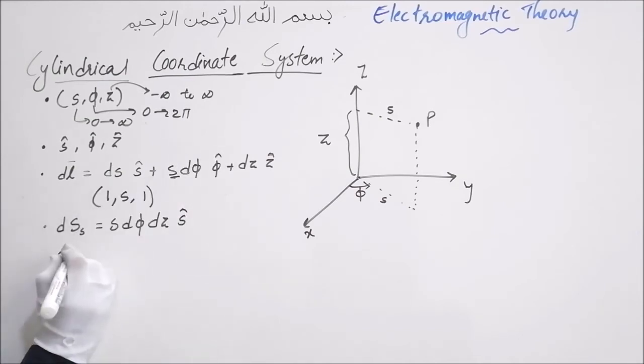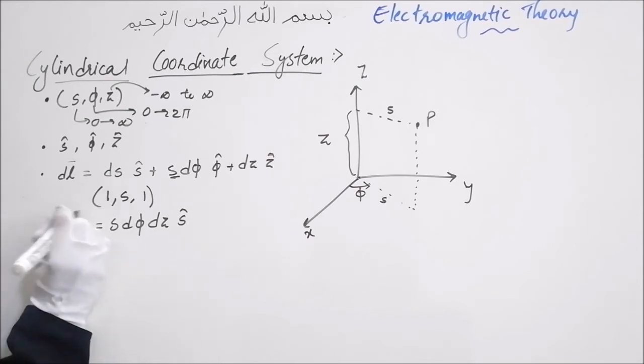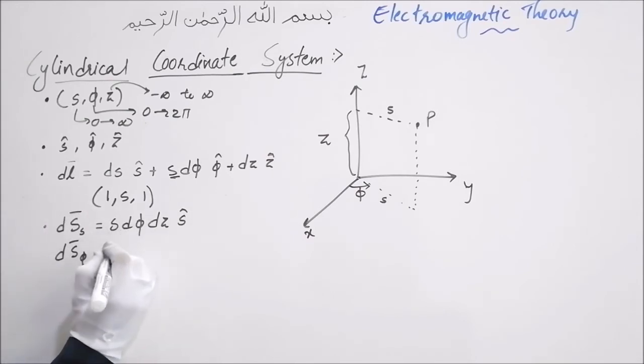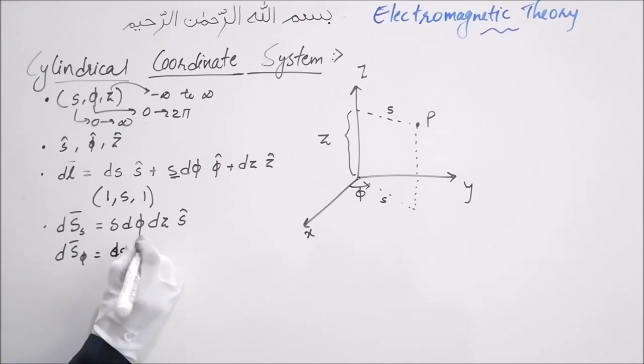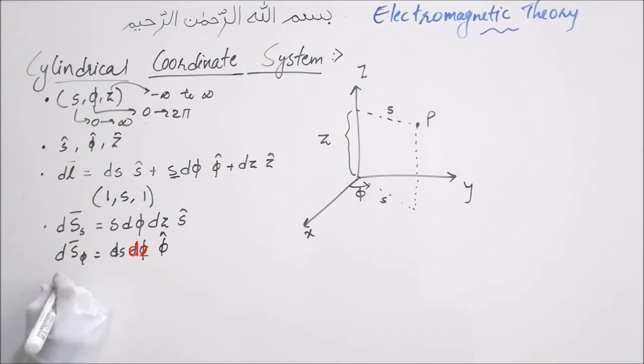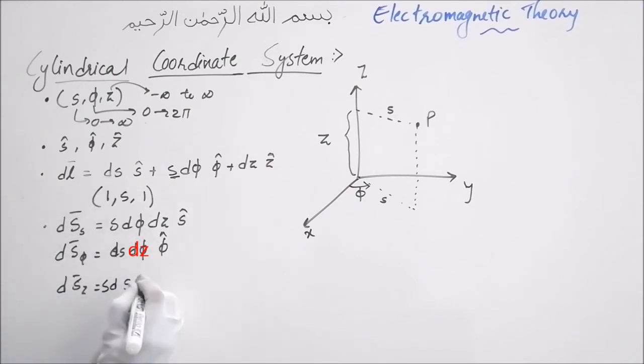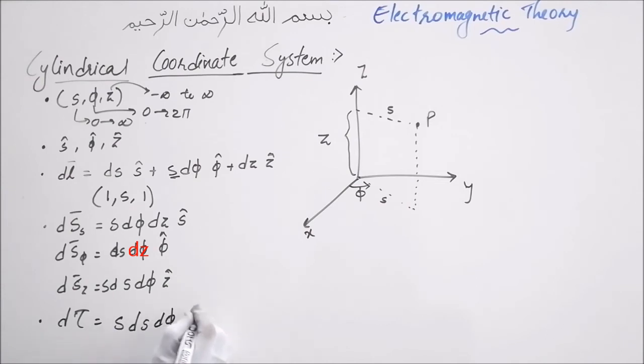If phi is fixed, we will have ds dz phi hat. And if z is fixed, then we will have s ds d phi z hat. All these three are vector quantities. The volume element, which is a scalar quantity, d tau, will be s ds d phi dz.